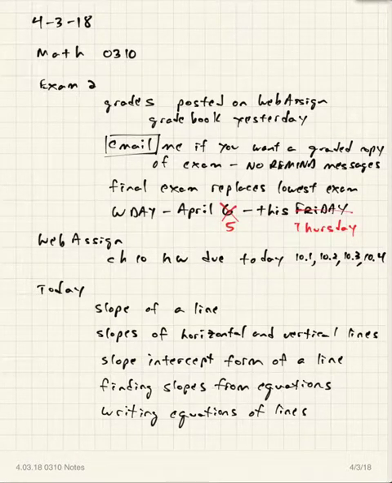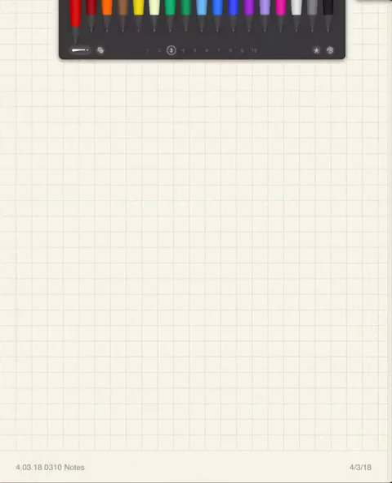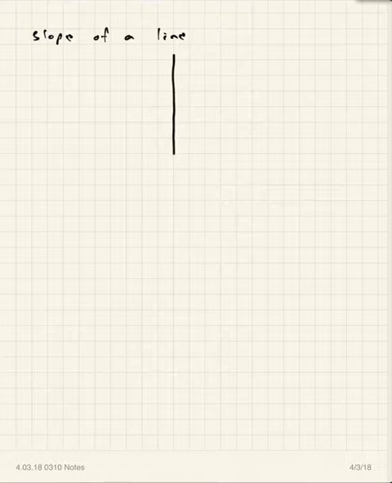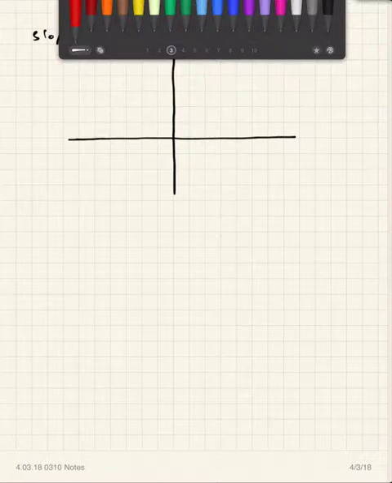Then we are going on to slope of a line. So slope of a line is what we want to talk about. And so first of all, remember that if you're talking about a line, let me just sketch any old line.